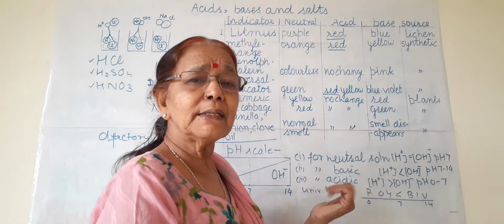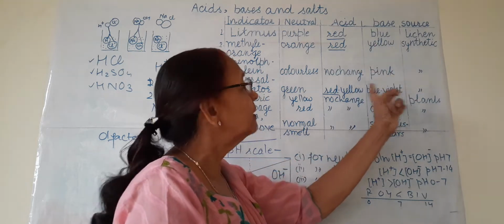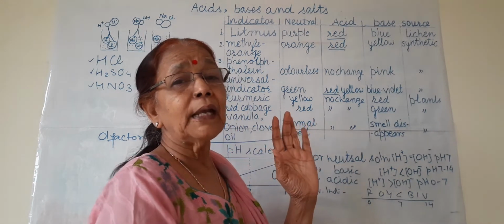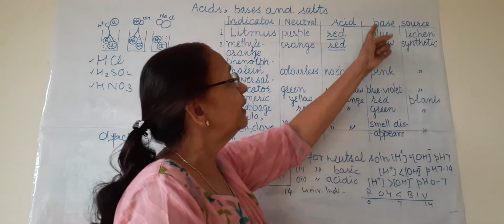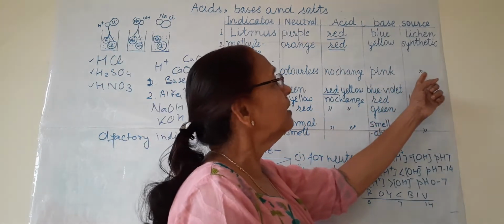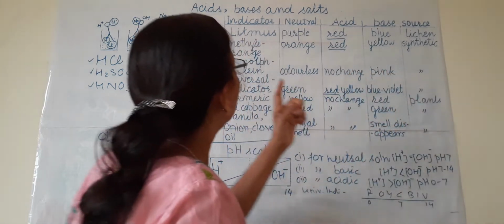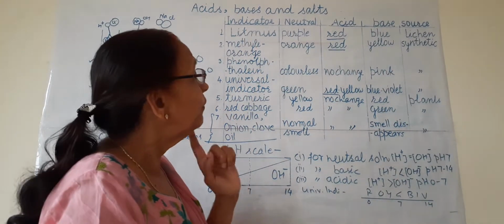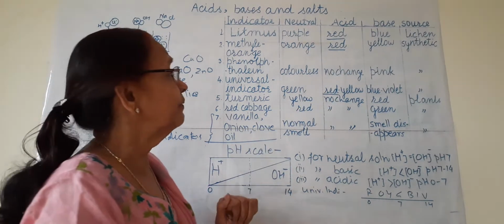The same colorless solution will be there, but 1 or 2 drops of base convert it into bright pink color, like the magenta, baby pink. The pink color is formed with base in phenolphthalein, and it is also a synthetic indicator. So this phenolphthalein, methyl orange, they both are synthetic and are very important to test the acidity or basicity of the compounds.